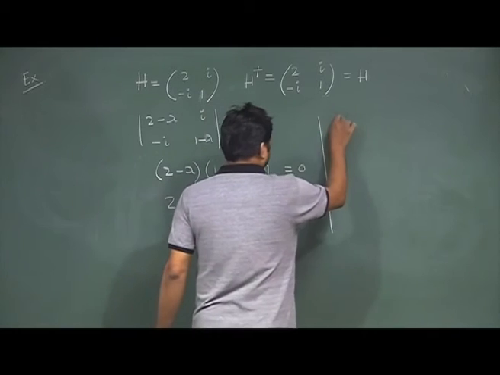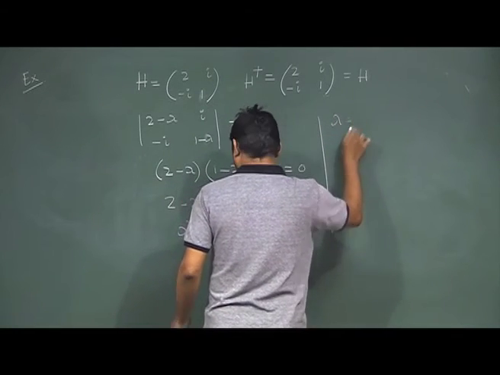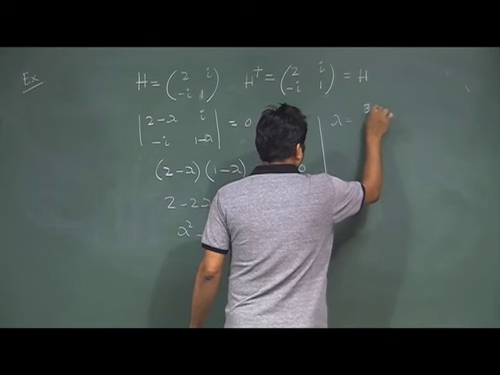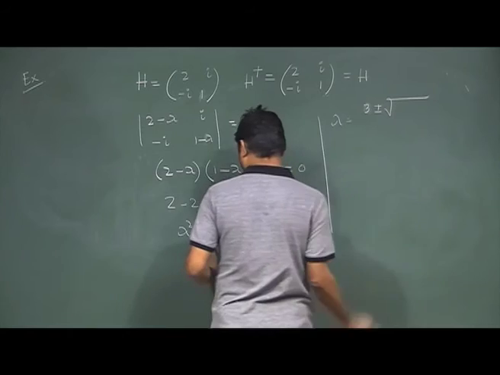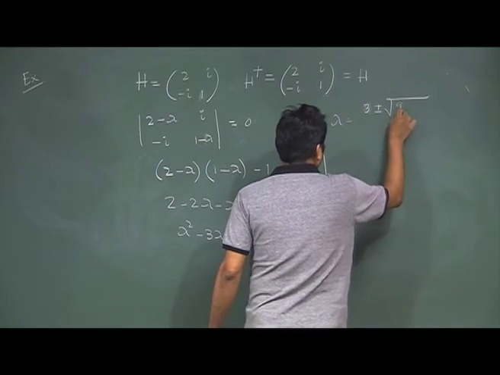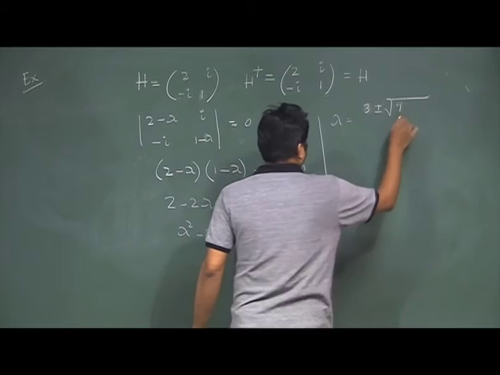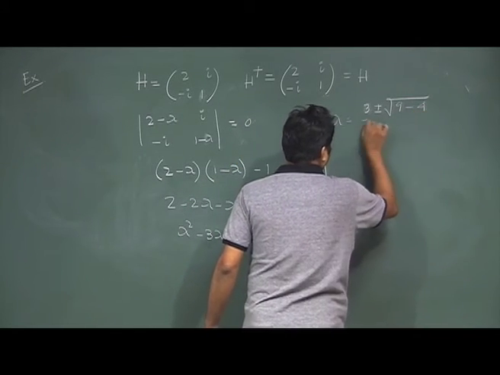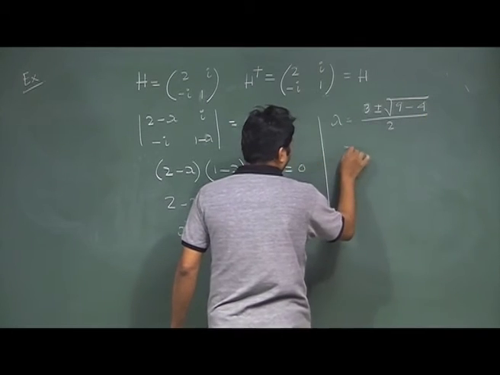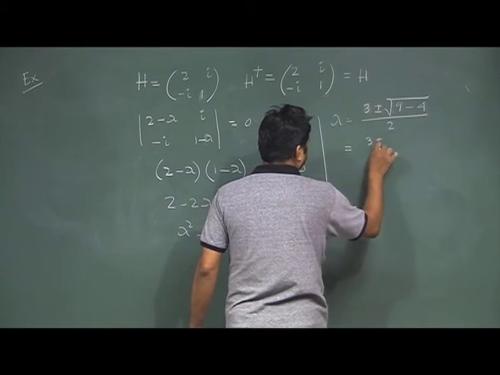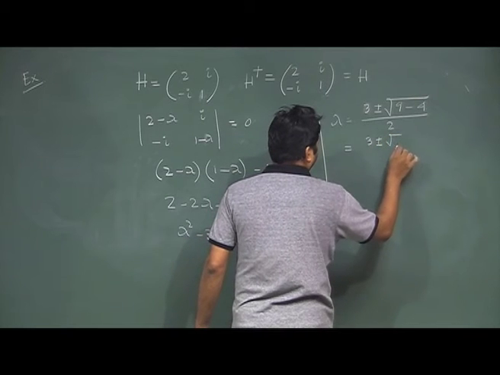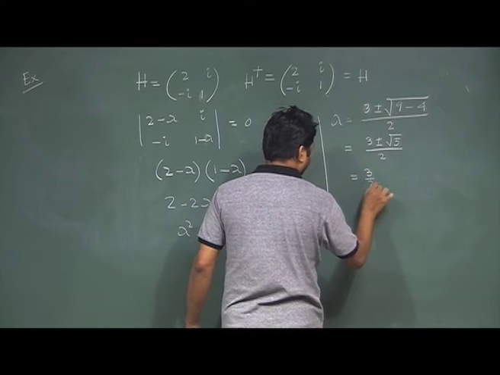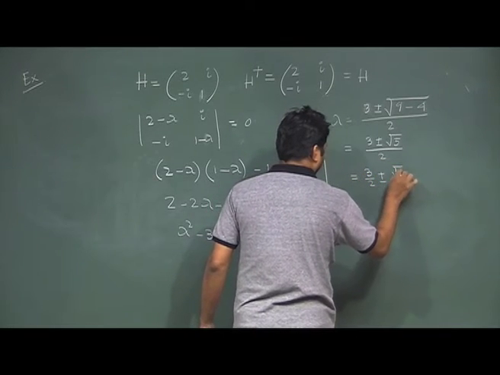So, my lambda will be minus b plus minus root over b square, which is 9, minus 4ac, which is 4, by 2a, which is 2. So, finally, I will have 3 plus minus root 5 divided by 2, or 3 by 2 plus minus root 5 by 2, whatever.